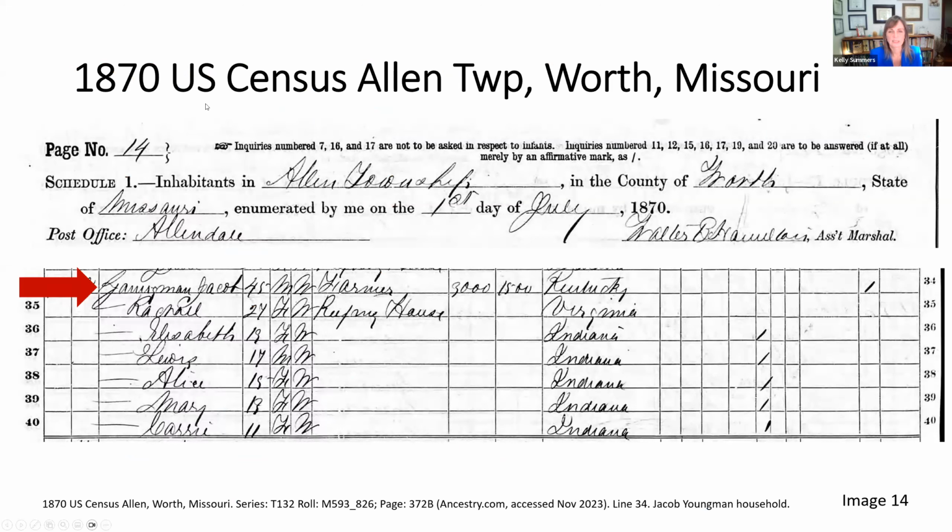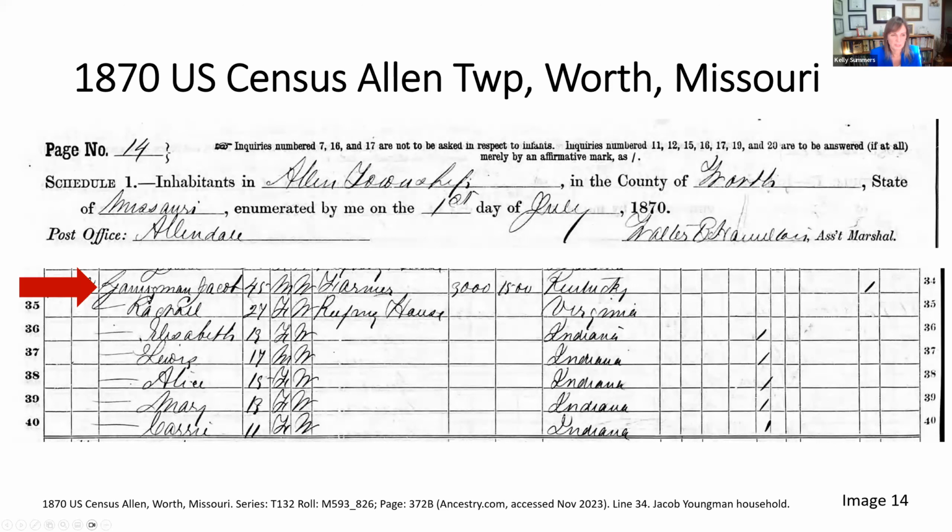In Missouri in 1870, in a different county and township, Allen Township, Worth County, I was able to find Jacob Youngman. However, I couldn't find him by just typing in his name.